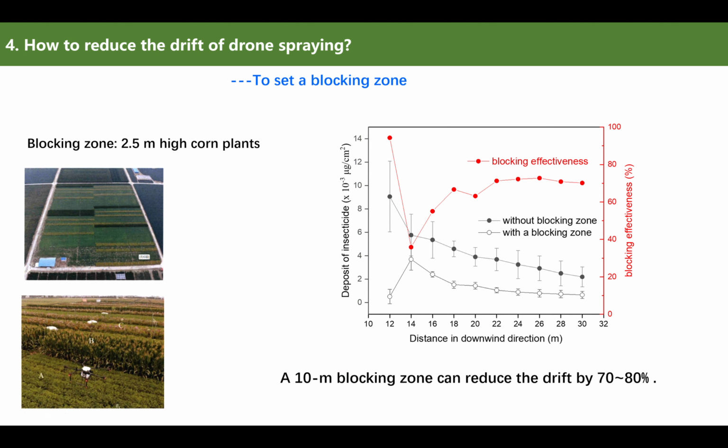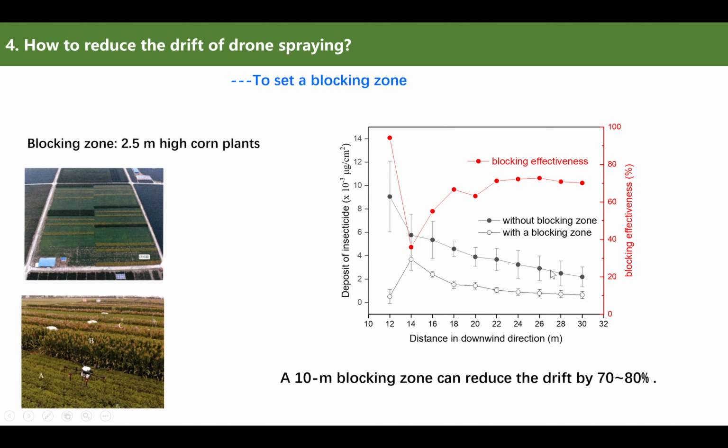The second strategy is to set a blocking zone. In this test, we used corn as the blocking zone. The corn plants are about 2.5 meters high and the zone was about 10 meters wide.